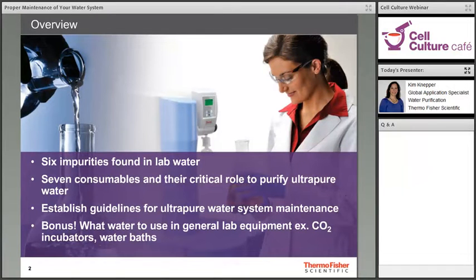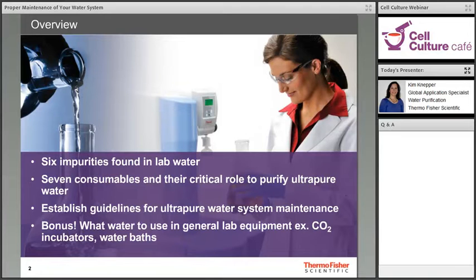In today's webinar, we're going to take a critical look at the ultrapure water system that is used in the cell culture lab. We will review the 6 impurities found in lab water, including one that is critical to mammalian cell culture. Next, we'll discuss the common water system consumables and their critical role in purifying ultrapure water.